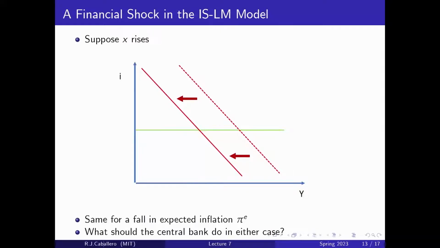No? For any given nominal interest rate, if X goes up a lot, that means there is less investment, and that means the IS shifts to the left, okay? And the same would happen if there is a fall in expected inflation. So for the Great Recession, we had two reasons why this thing moved inward a lot. One, expected inflation came down, and the other one, X went up a lot. So a massive movement to the left.